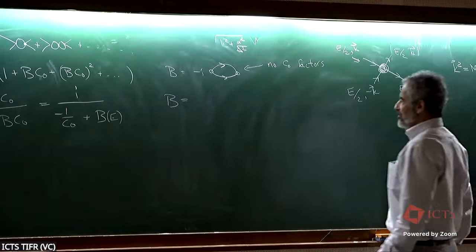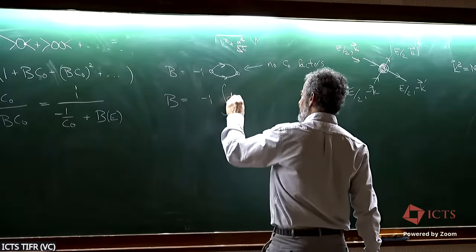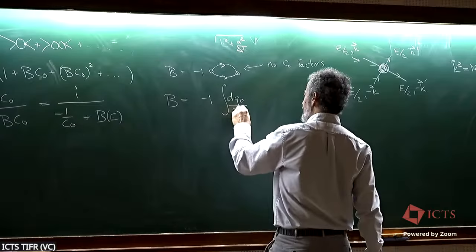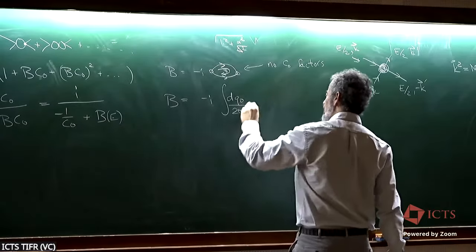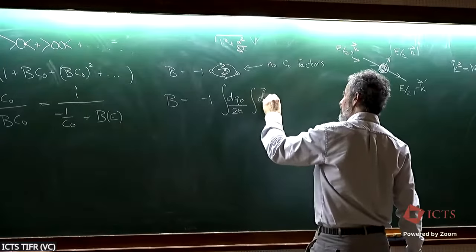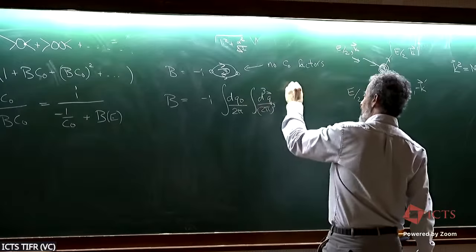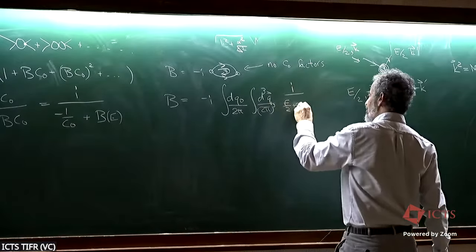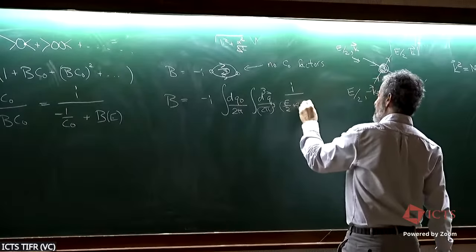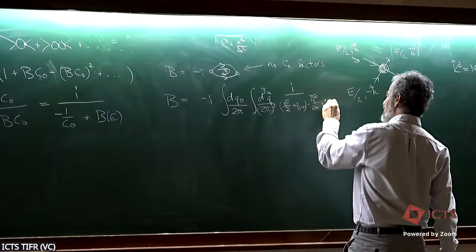So this B is equal to minus i, and then we have an integral dQ0 over 2 pi. So I'm going to put a loop integral Q there, integral d3Q vector over 2 pi cubed. And then I have i over E over 2 plus Q0 minus Q squared over 2m plus i epsilon.